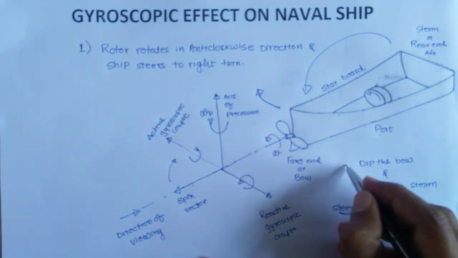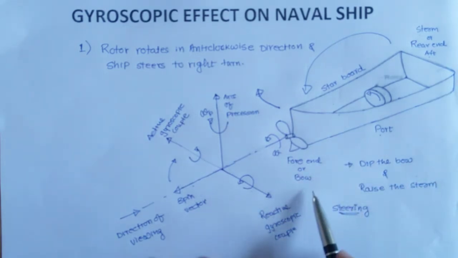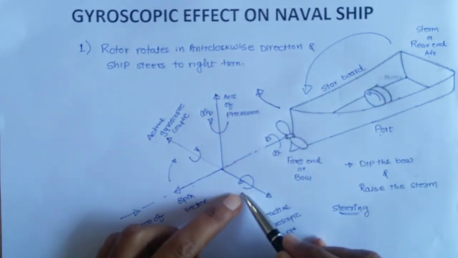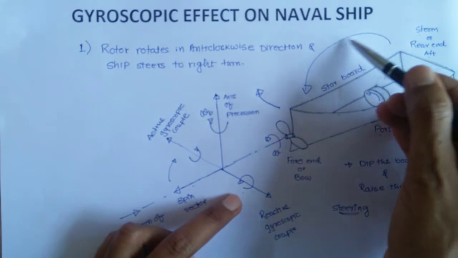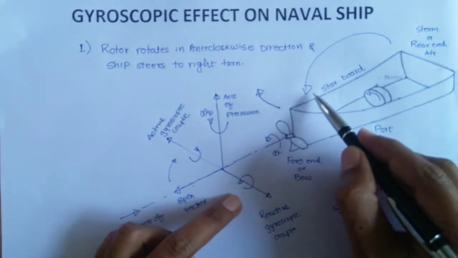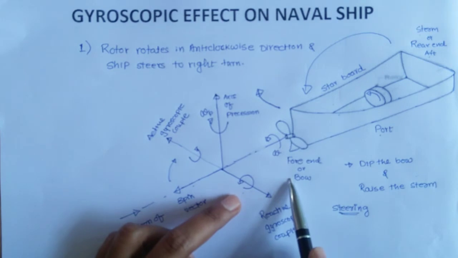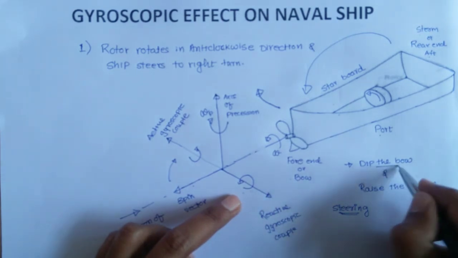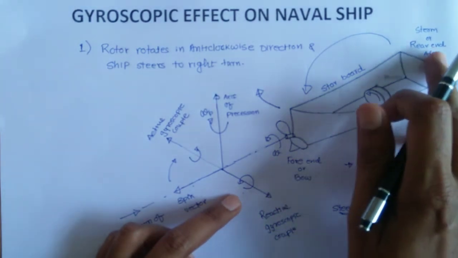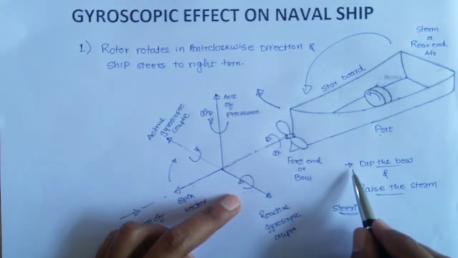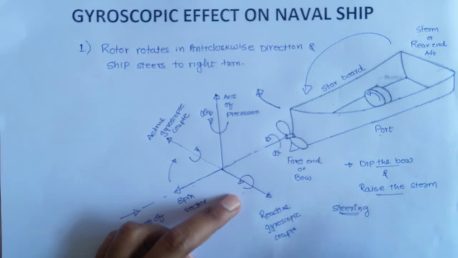If we transfer this reactive gyroscopic couple to the ship, we can clearly see that because of it, the bow end of the ship will dip and the stern end of the ship will be raised. So we can say that it dips the bow and raises the stern end of the ship. Now let us consider a second case.